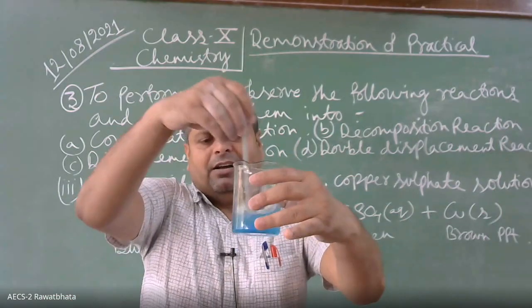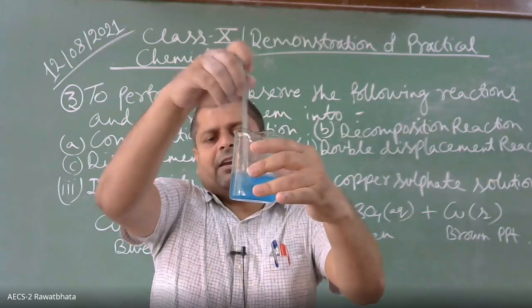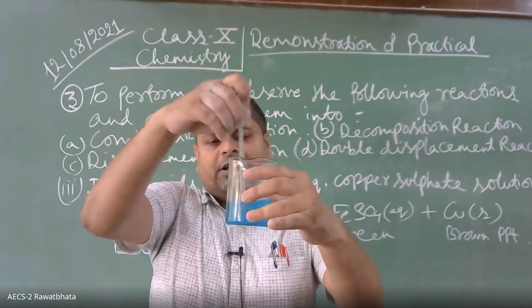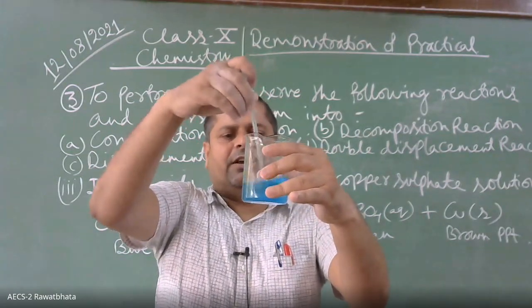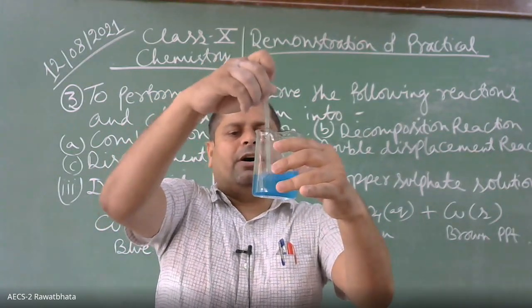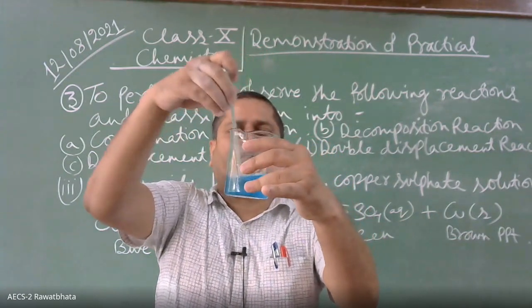Now we are shaking the contents of the solution, and let us see all the copper sulfate crystals get well mixed with water. That means they dissolve, and no precipitate or sediment is found at the bottom of the beaker.